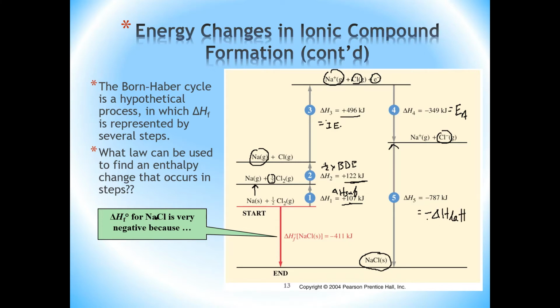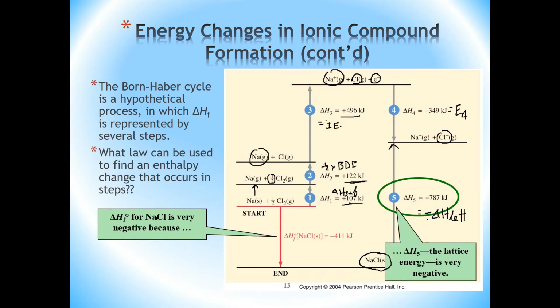By definition, even though it says it's very negative here, in most textbooks they define the lattice energy as the energy required to convert 1 mole of an ionic compound into its constituent ions. Let me give you that definition.